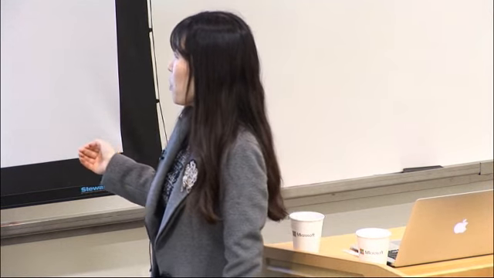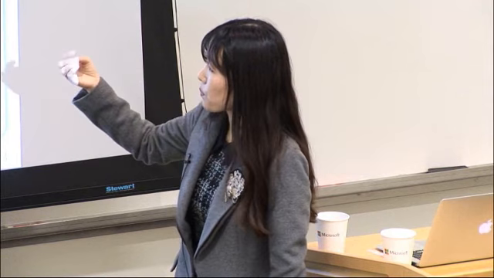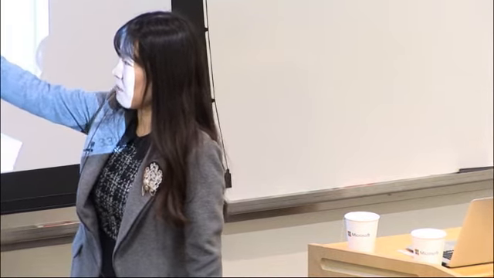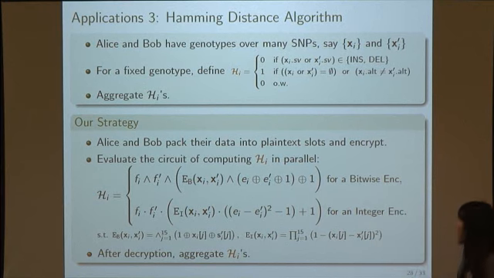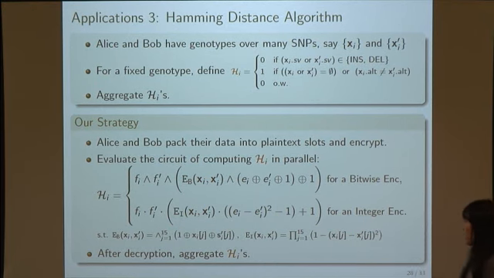If we want bitwise encoding, then we evaluate the first circuit, and if we want integer encoding, then we use the second circuit. And after evaluation of H_i and decryption, then aggregate the H_i.